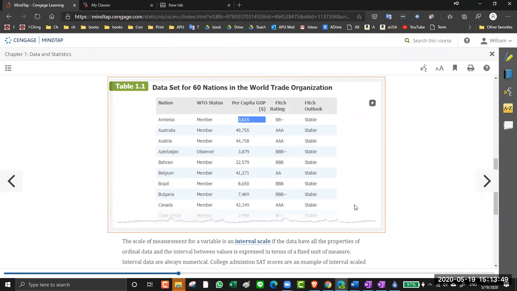Now let's look at this. This is also actually, we're going to call it nominal, but it's more than nominal. What does Fitch rating have that WTO status doesn't have?